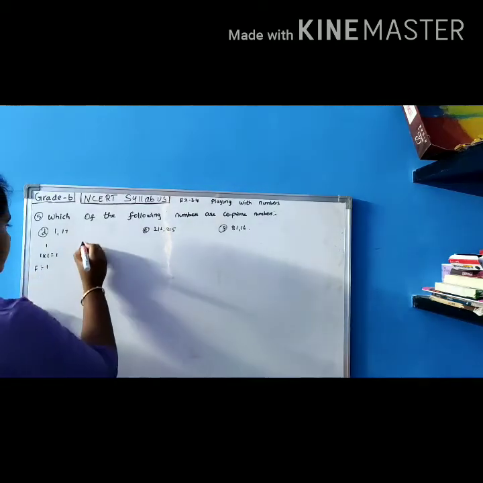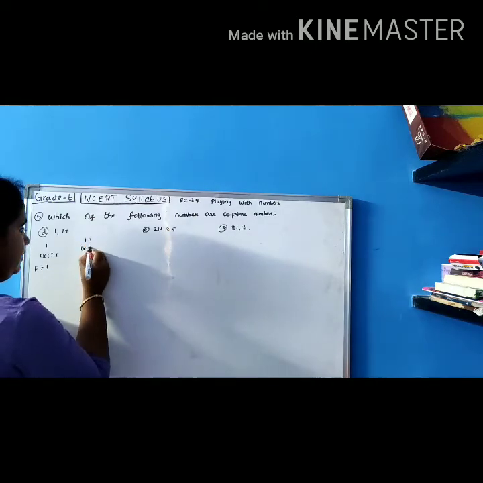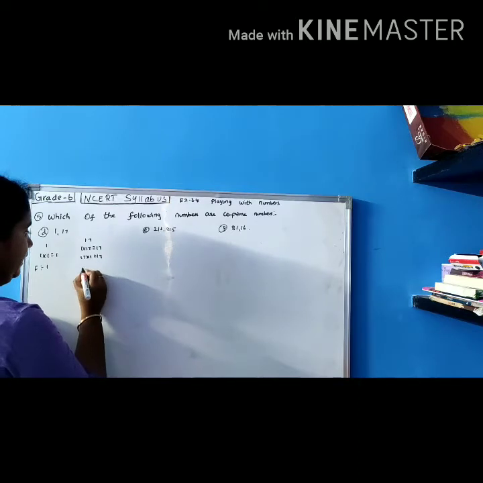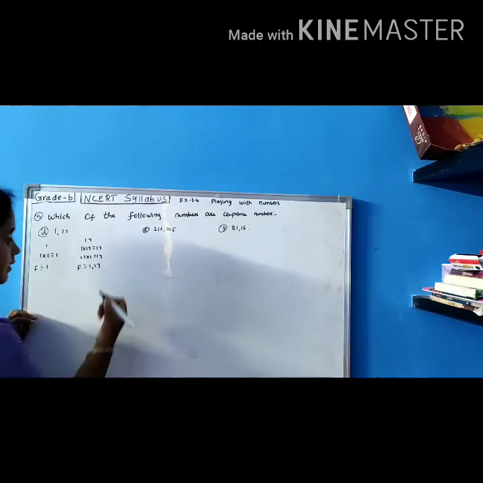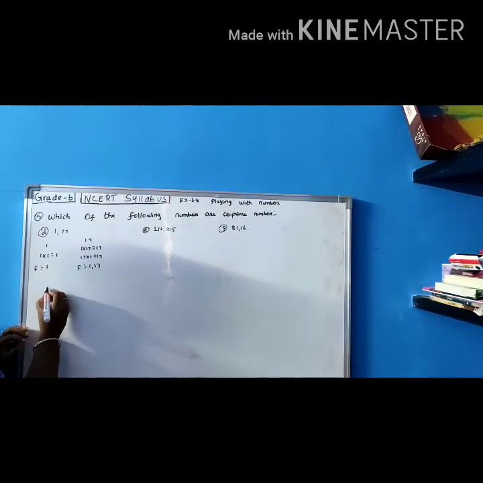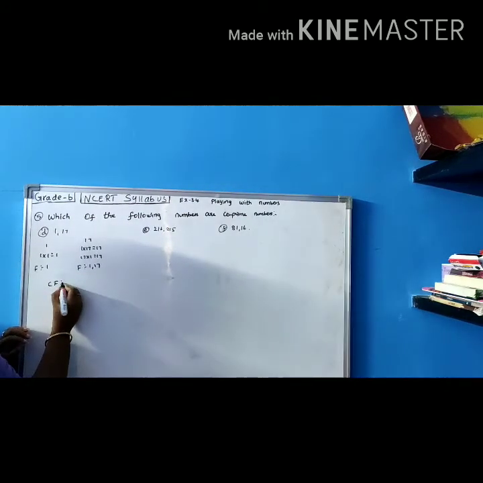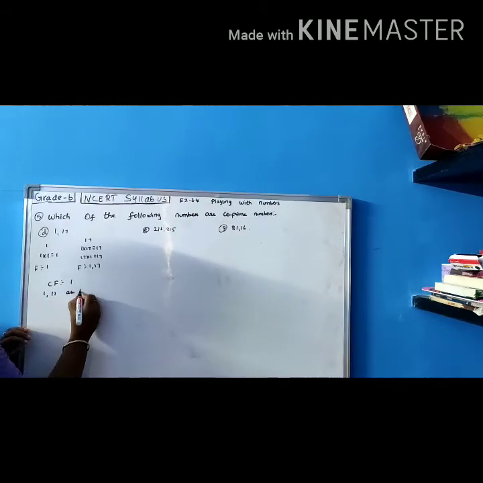Then for 17, 1 into 17 is 17. 17 into 1 is 17. It is a prime number, so it will not go in another table. So the factors are 1 and 17. Okay, now compare these two. You get the common factor as 1 only. So the given numbers 1 and 17 are co-prime numbers.